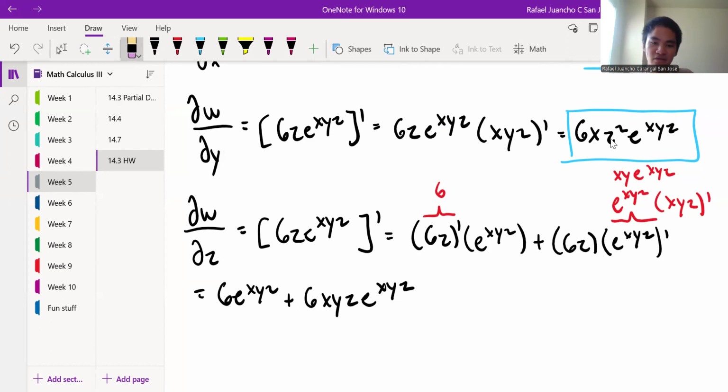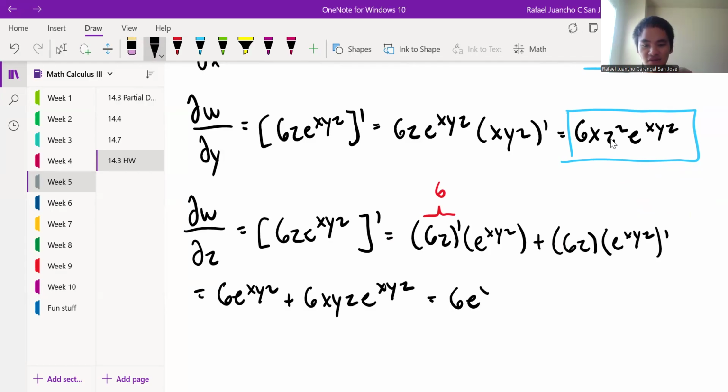What else can we do? We can simplify maybe. I could factor out some stuff. I could factor out a 6 and an e. So let me factor these two terms out. So I'm left with 1 plus, I think this was xyz.